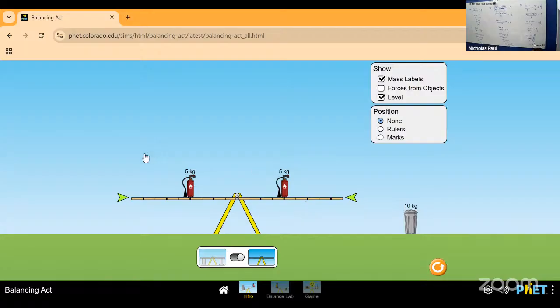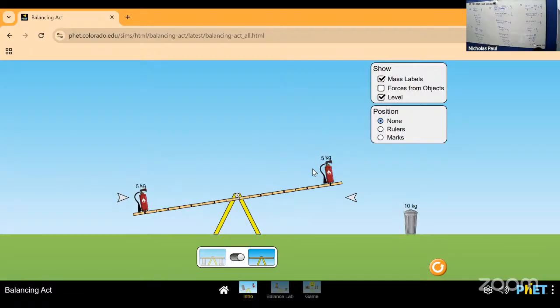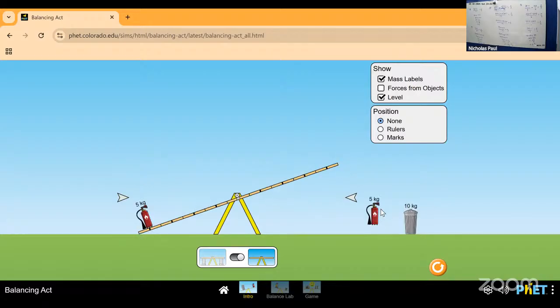If I were to move it further away, what to do? Move this one further away. But here's what I'm going to do now: instead of the fire extinguisher, I want to balance this by using the trash can.